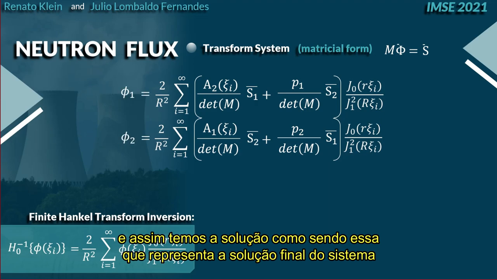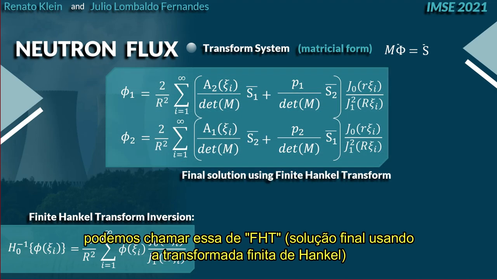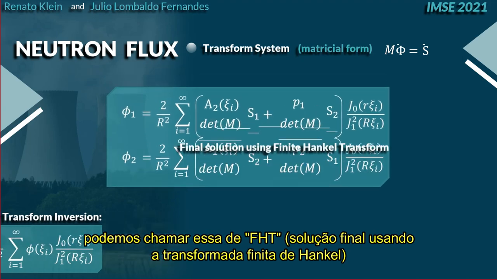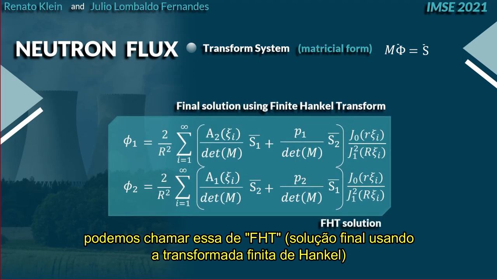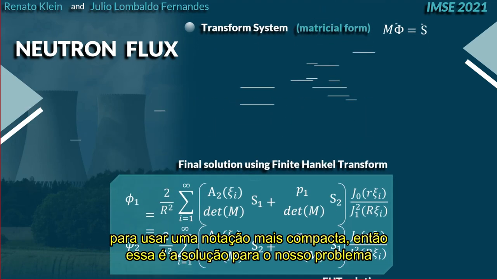That is the final solution, for example, for the system in matrix form, and we can call this the final solution using the finite Hankel transform. So we can call it the FHT solution to use a more compact notation. So that's a solution for our problem.